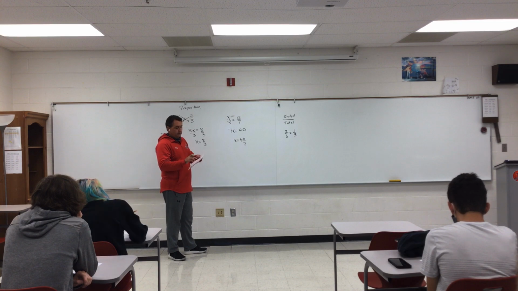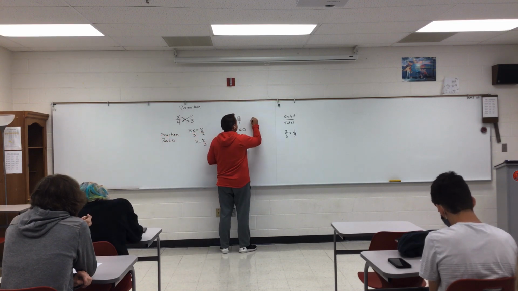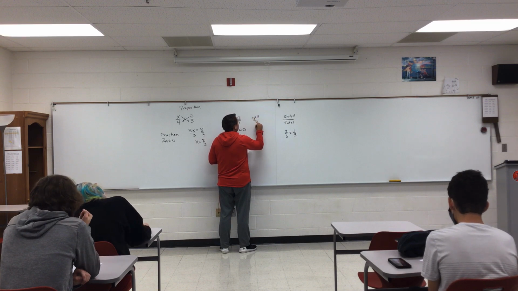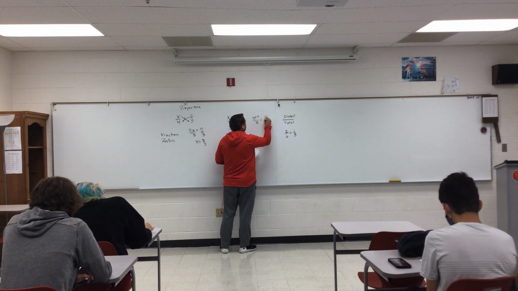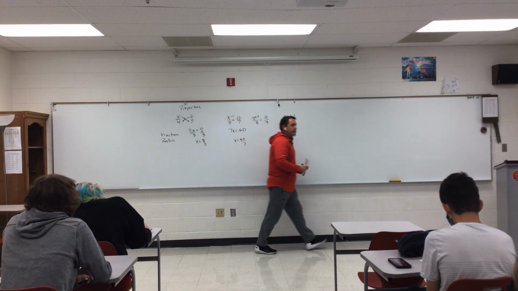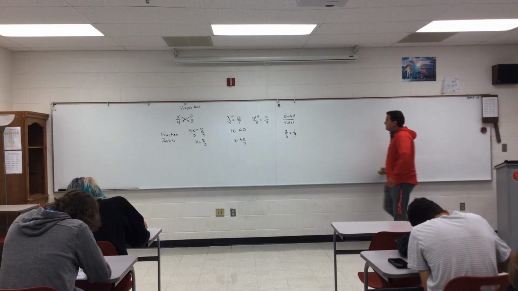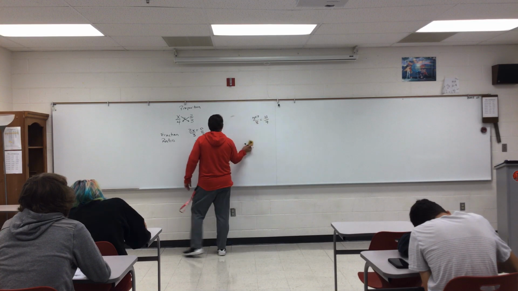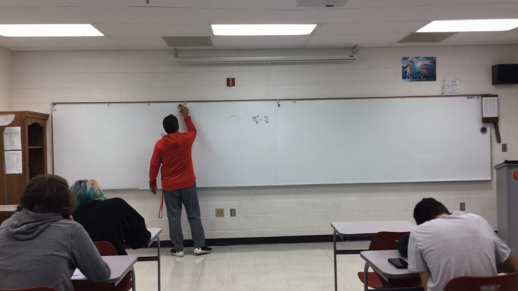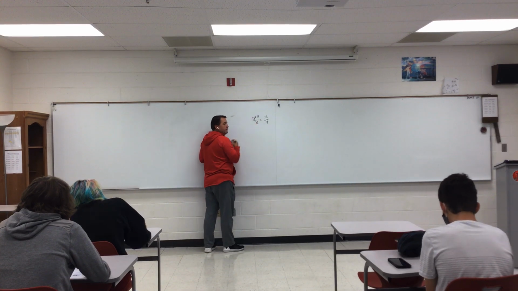Okay, now let's look at the next one they got, number 3. Now that one says y plus 3 over 8 equals y over 4. Now that one looks a lot different, but you're still doing the same thing. One thing that you have to remember is when you have a fraction, okay, do you guys agree that this entire thing is being divided by 8, right?